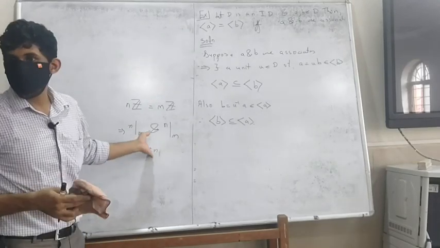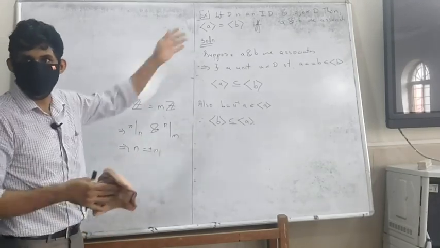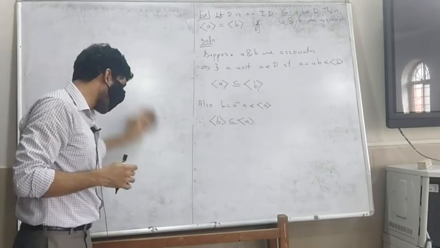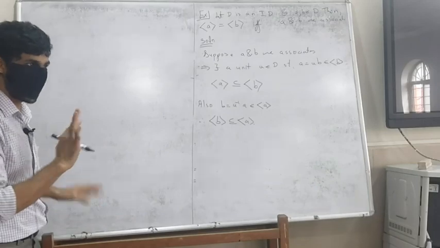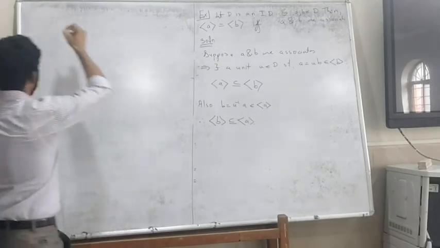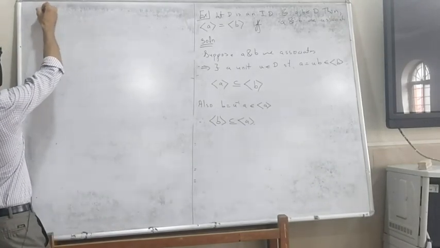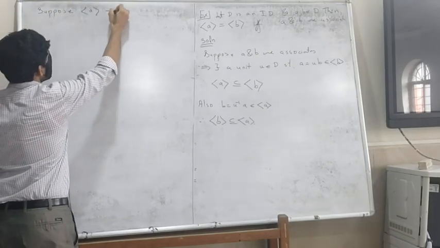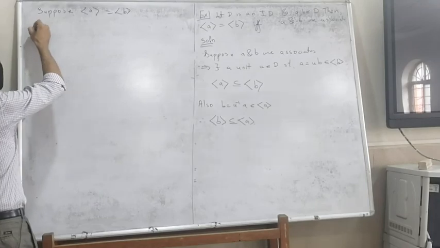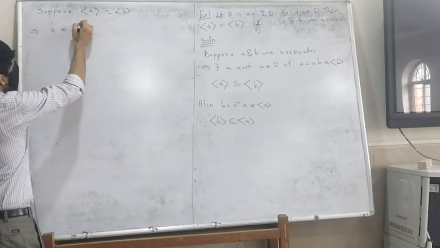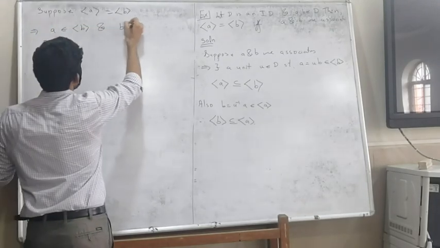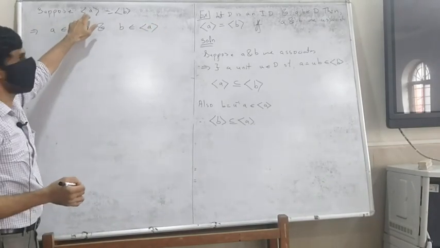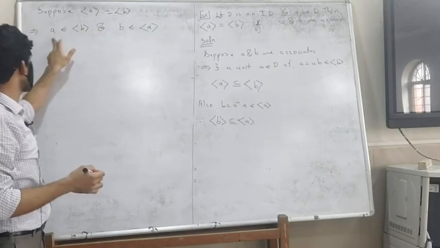I'm going to imitate exactly the same process in this very easily, you can check. In fact, that's exactly what we do, is we imitate what we do in Z in an abstract way. So it's simple. So suppose this is equal to this, what does it mean? It means A is in this and B is in this, right? A is here, so it should be there, therefore this should be here.